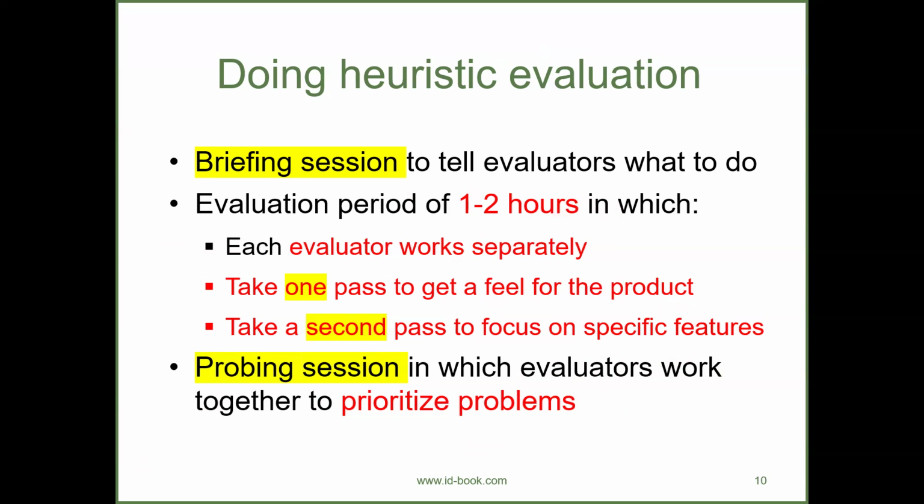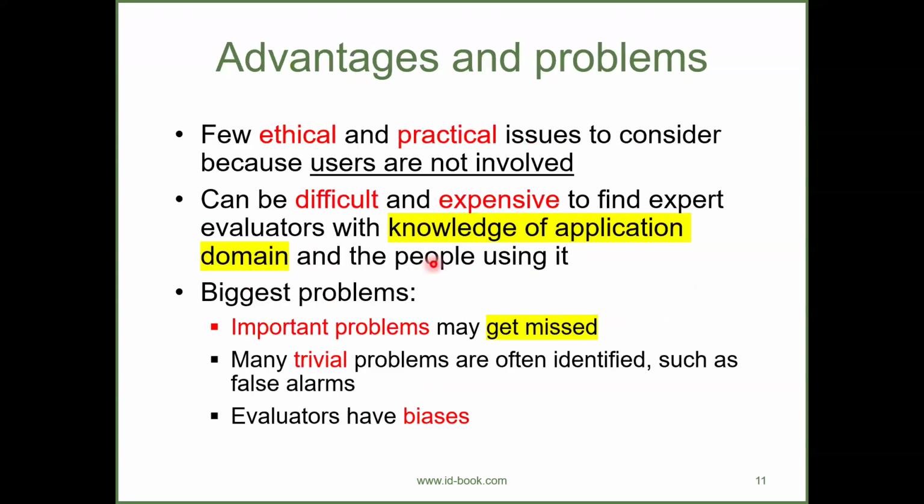Now, let us understand what are the advantages and disadvantages of the heuristics. The advantage is few participants are enough. Few ethical and practical issues to consider because users are not involved.